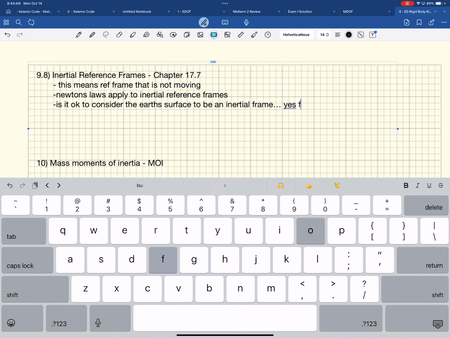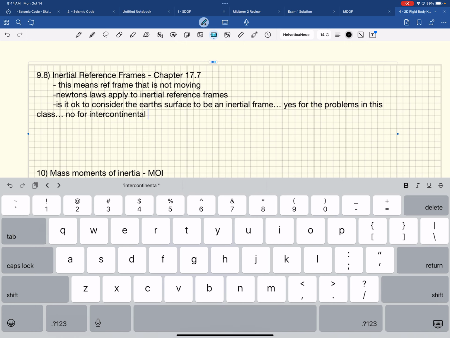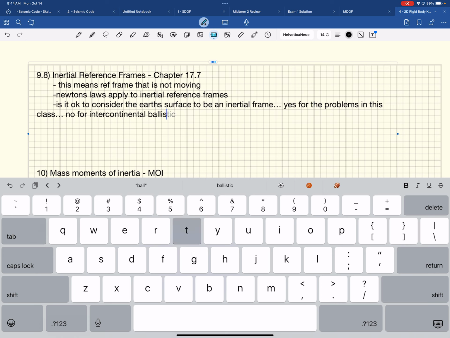Yes, for the problems in this class. No, for intercontinental ballistics, weather, launching rockets, etc. Right? Just depends.